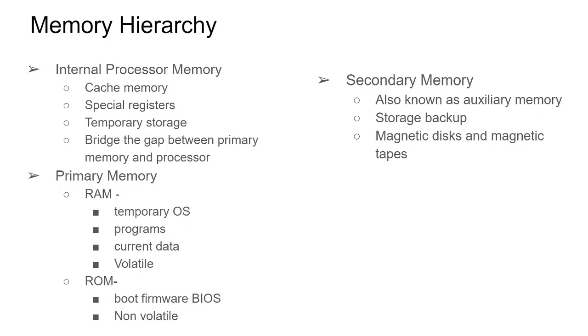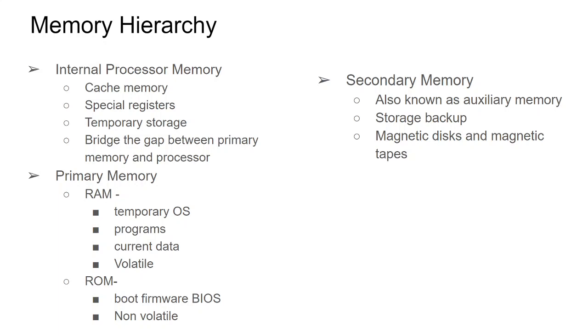Then what is ROM? As I told you, read only memory, in the sense that whatever is there in ROM can be read anytime. Even when the power goes off and you switch it on again, you still have this information in the ROM. So why is it necessary to have a ROM? It's necessary because the boot firmware BIOS is here.